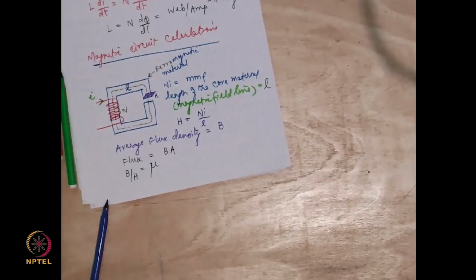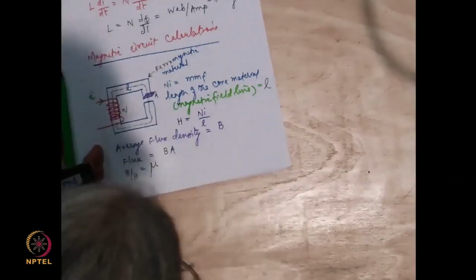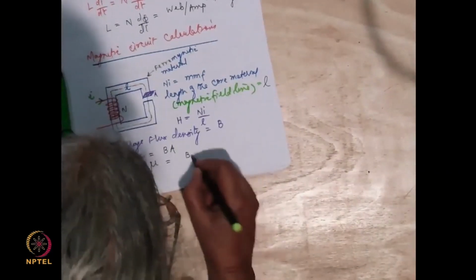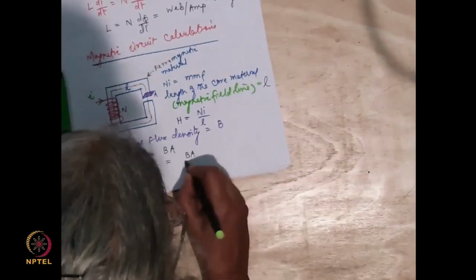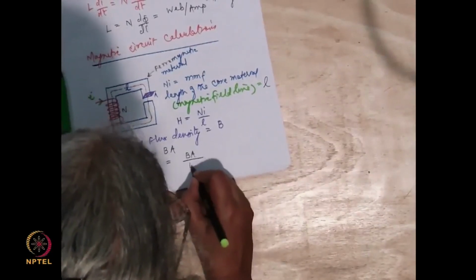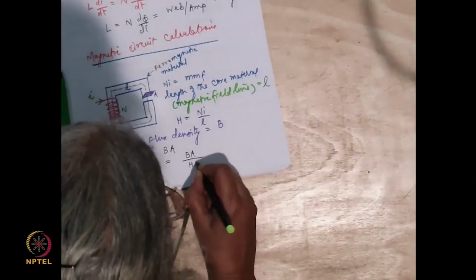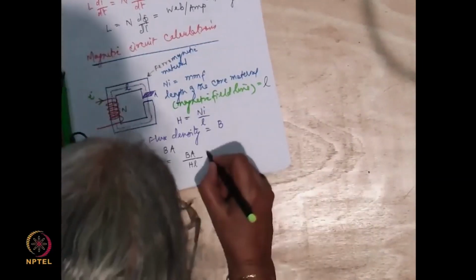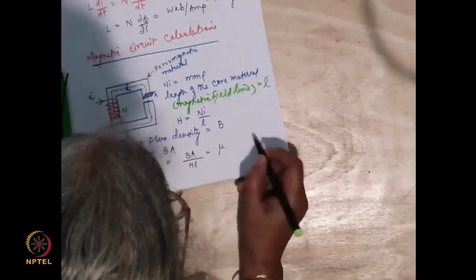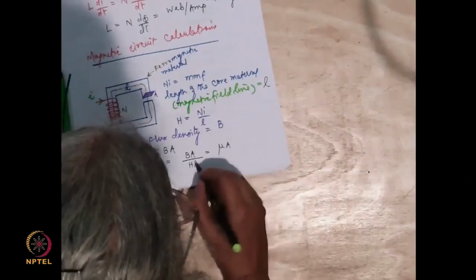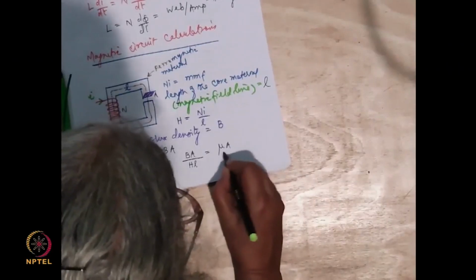In which case I should be able to write this as B multiplied by A divided by H multiplied by L, which will be equal to mu multiplied by A divided by L.